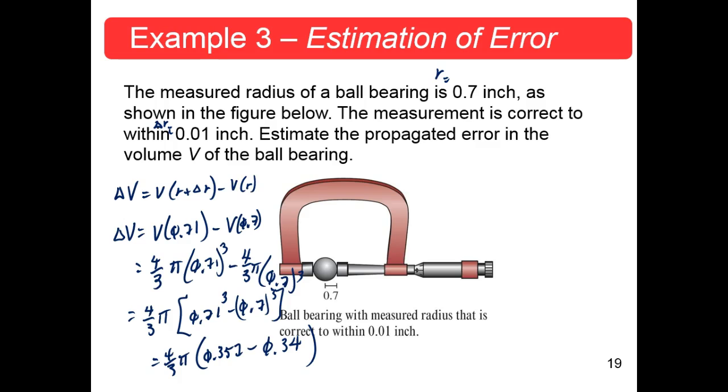Don't use these numbers. Do it just like you see here: 4 divided by 3 times pi times, open parentheses, 0.71 cubed minus 0.7 cubed, close parentheses. Do it that way. Don't round anywhere in the process. See what you get.